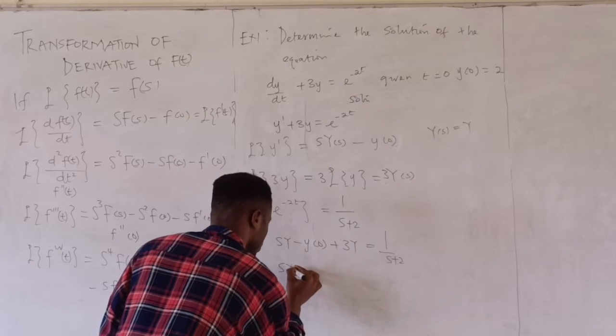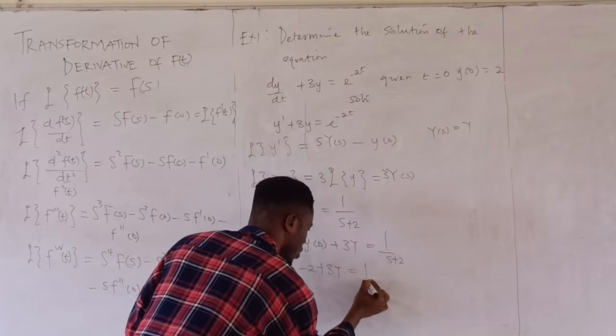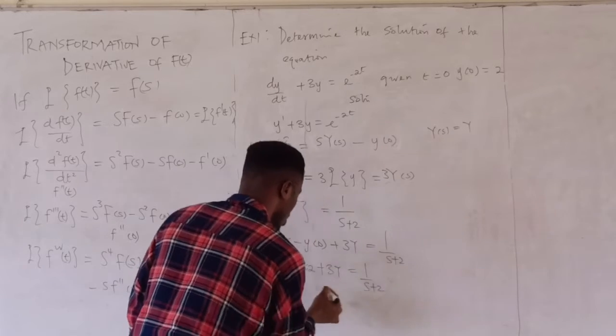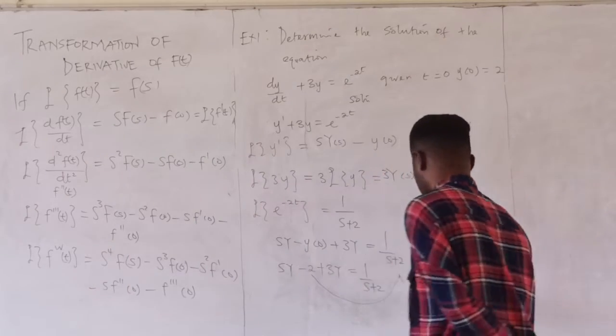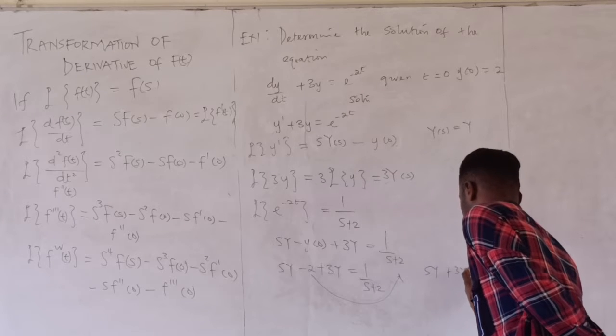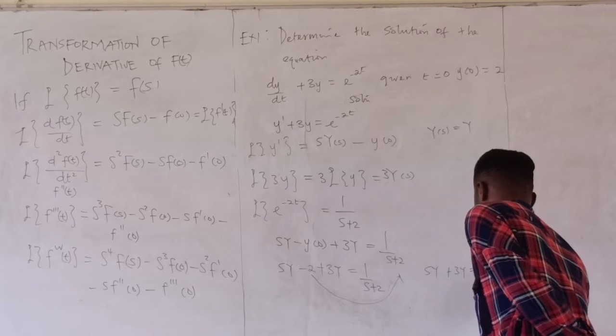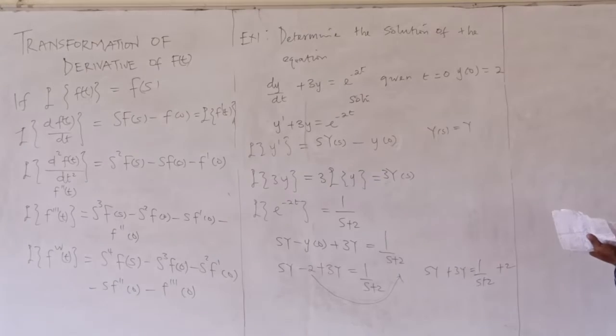of y minus 2 plus 3y equals 1 over s plus 2, which you can easily take the 2 over. So when we take the 2 over here, we have s of y plus 3y equals 1 over s plus 2 plus 2, right? So this is what we are going to have.